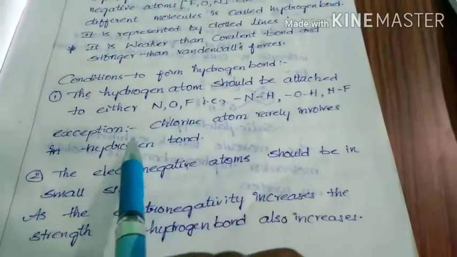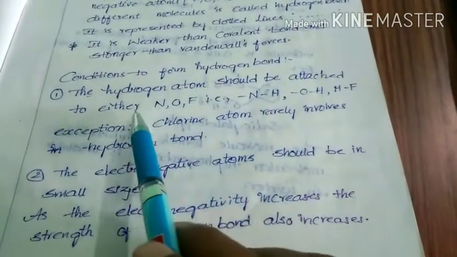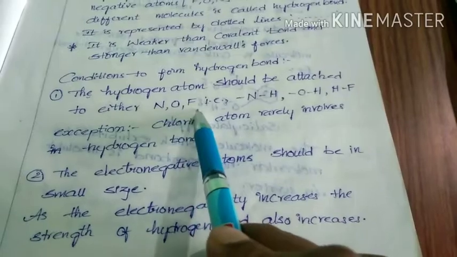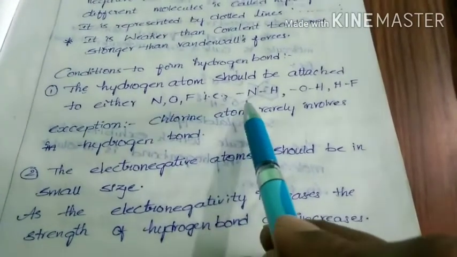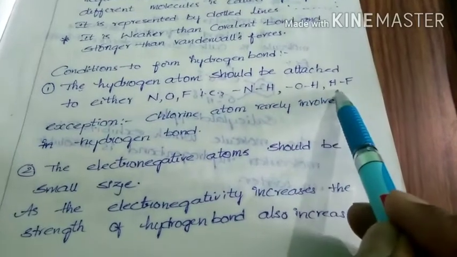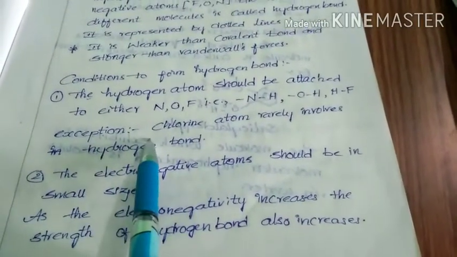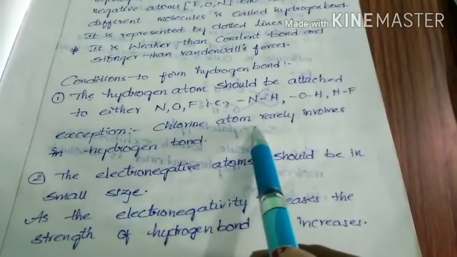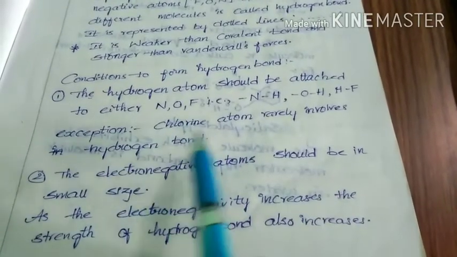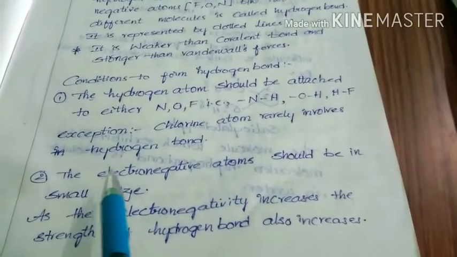To exhibit hydrogen bond, that hydrogen should be attached to either nitrogen or oxygen or fluorine. That means that molecule should contain either an N-H bond or O-H bond or H-F bond. Exception: chlorine atom rarely involves hydrogen bond. In rare cases only, chlorine atom is involved.